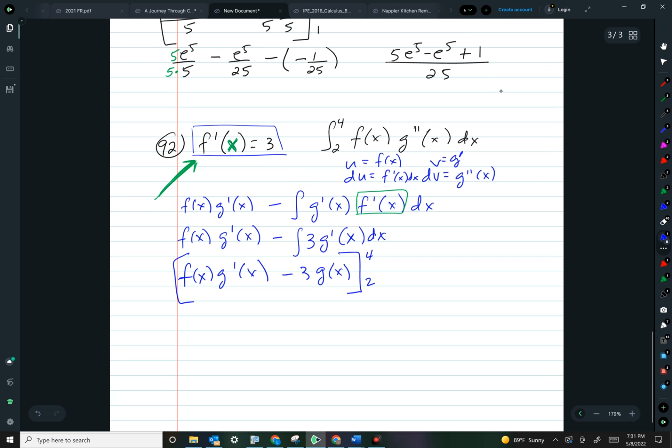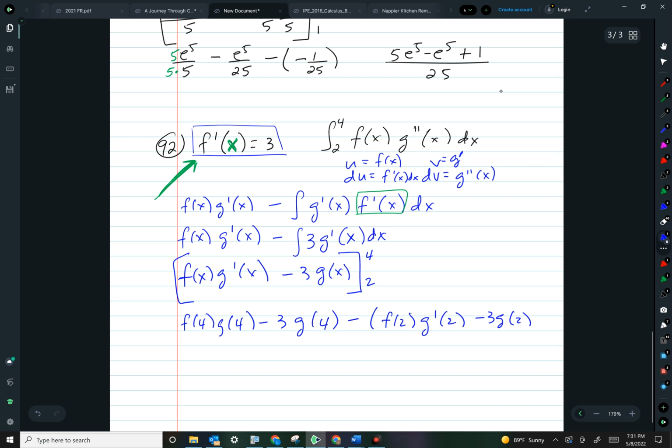And I'm guessing when I plug this in, all these values are going to be at the top. So I need f of 4, g prime of 4, minus 3 g of 4, minus f of 2, g prime of 2, minus 3 g of 2.